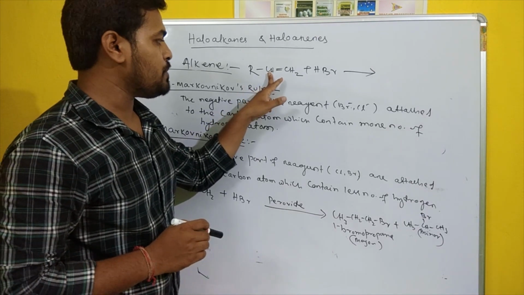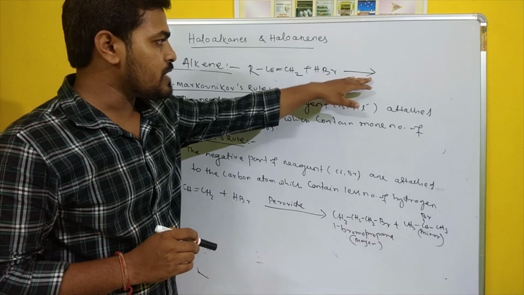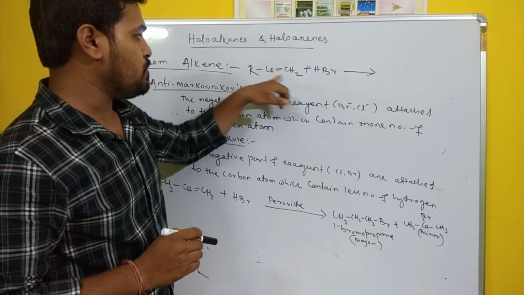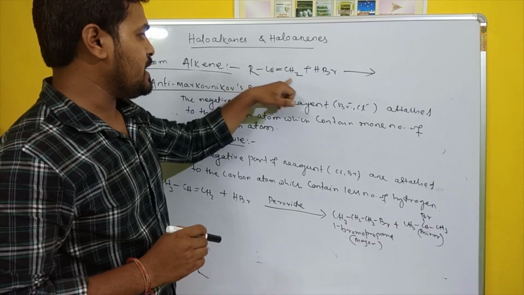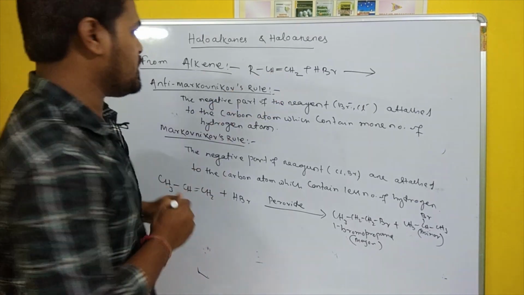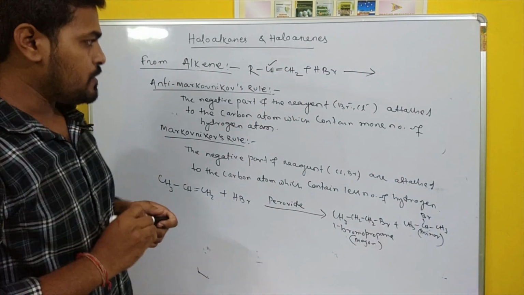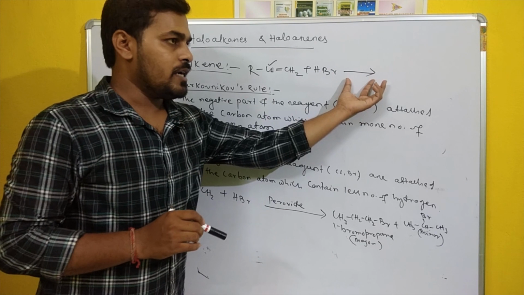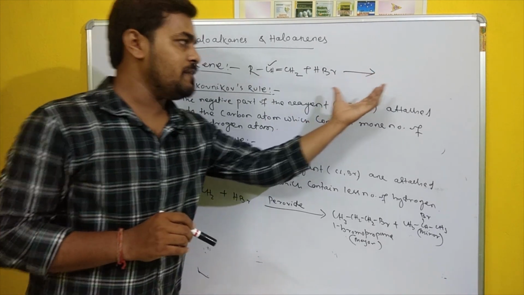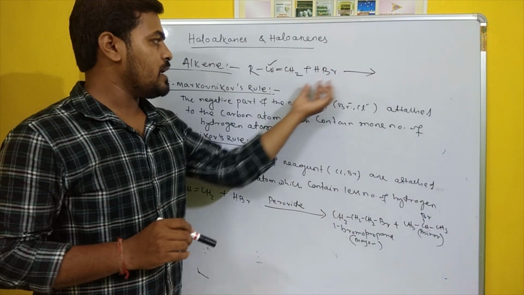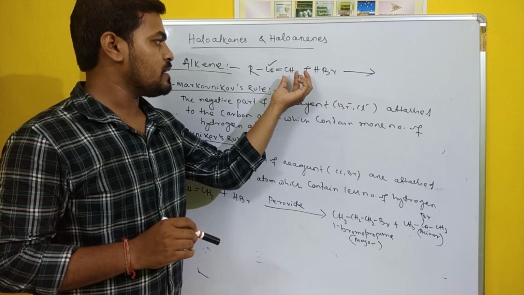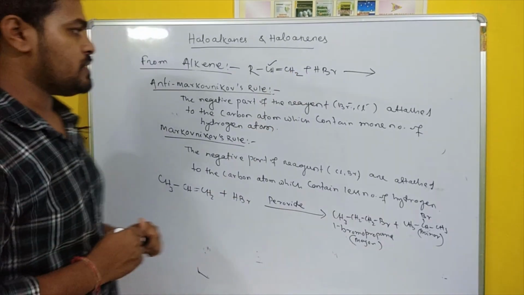But which is preferable? If there is no peroxide effect, then the preferable carbon is the one with less number of hydrogen. That means the middle carbon. This carbon will attach the bromide ion. If there is a peroxide effect, then the bromide ion attaches to the carbon with more number of hydrogen.